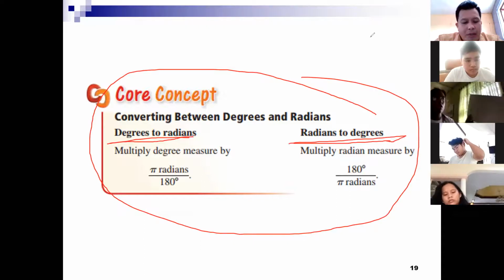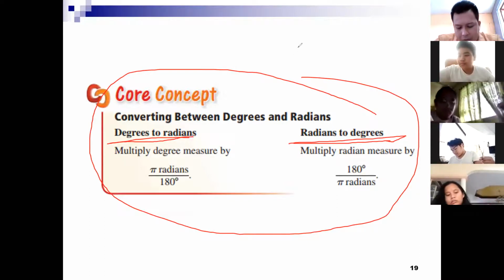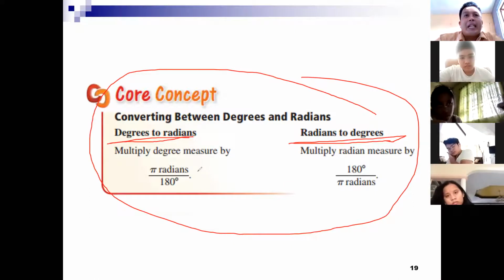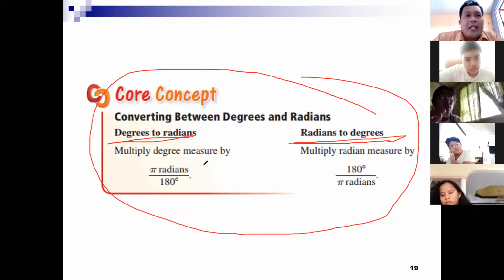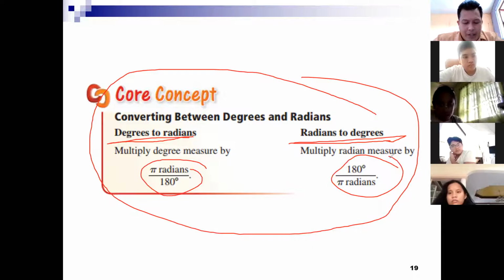In your module, class, you have here words like 1 radian, 2 radian, 3 radian, until 6 radians, and so on and so forth. But if you are going to focus your attention on the conversion, even without the graph, we can determine the conversion of that degree measure to radian measure since we have these that we can use.